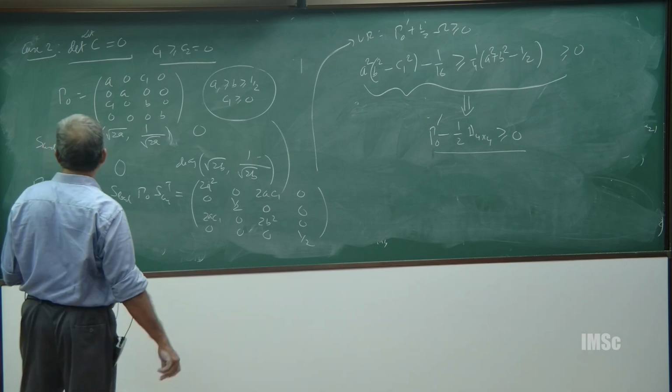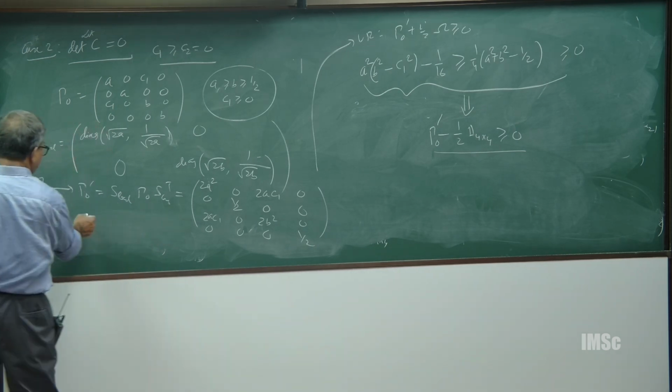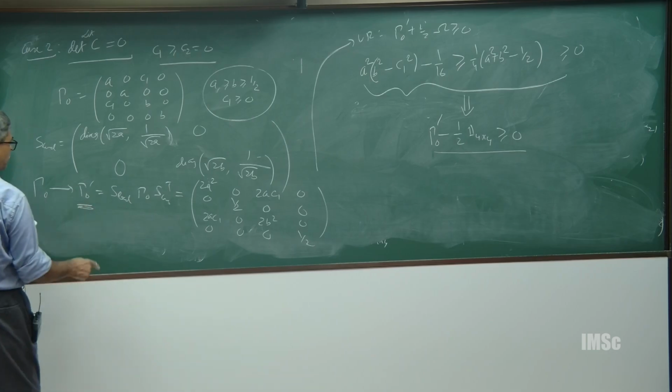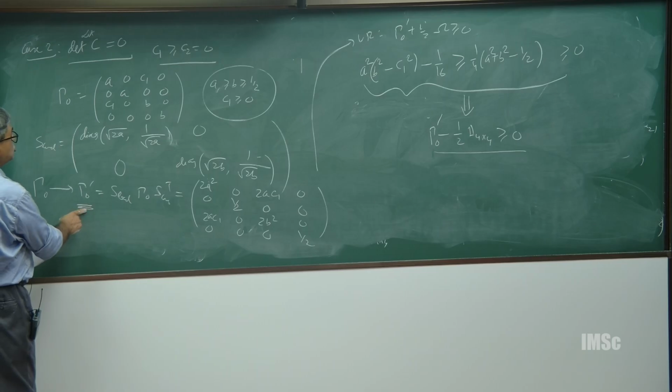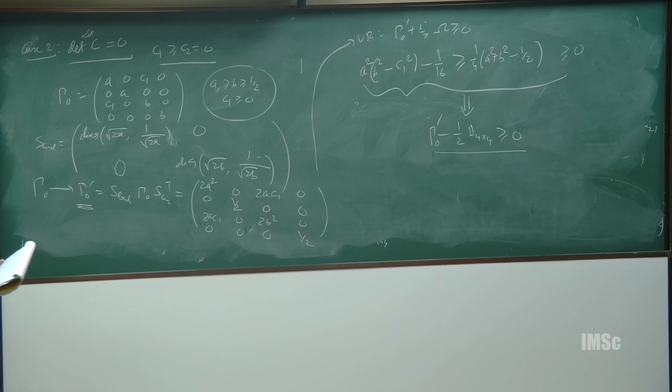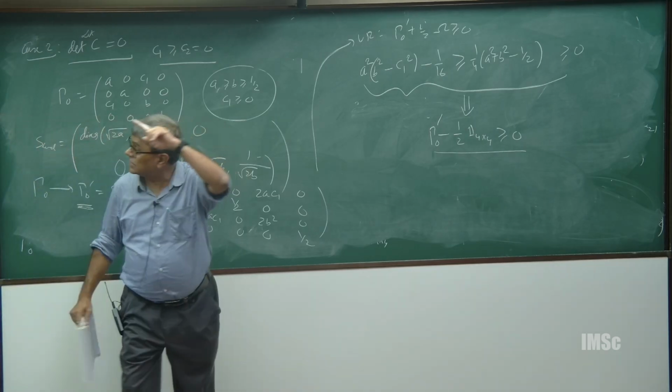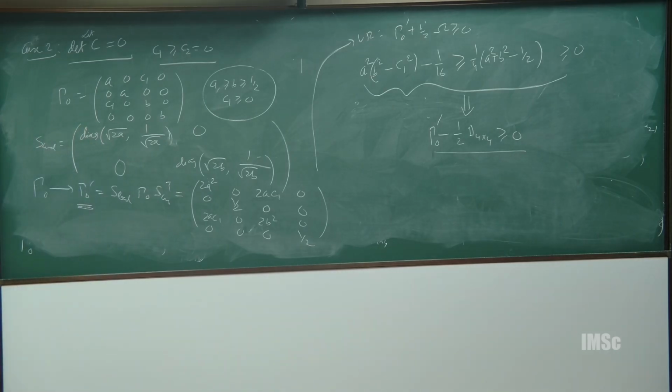So, this is your covariance matrix corresponding to a 2-mode Gaussian state, because the original one is also 2-mode Gaussian, and this tells you, according to our result, that this greater than equal to half for a Gaussian state implies that the state is separable, right.